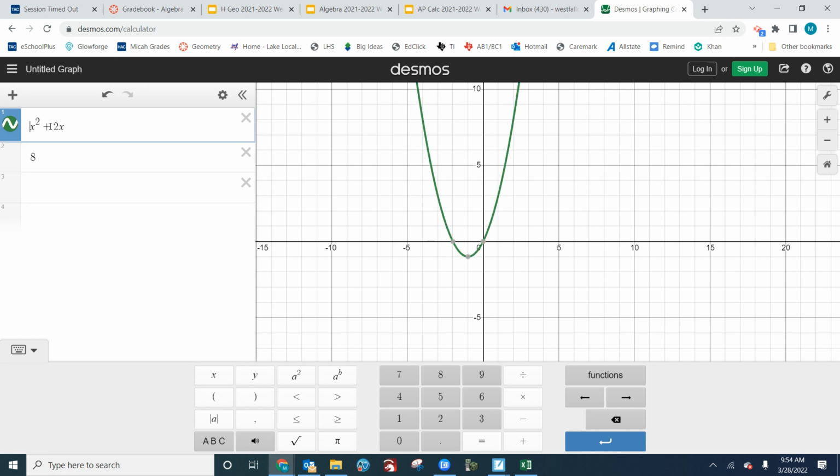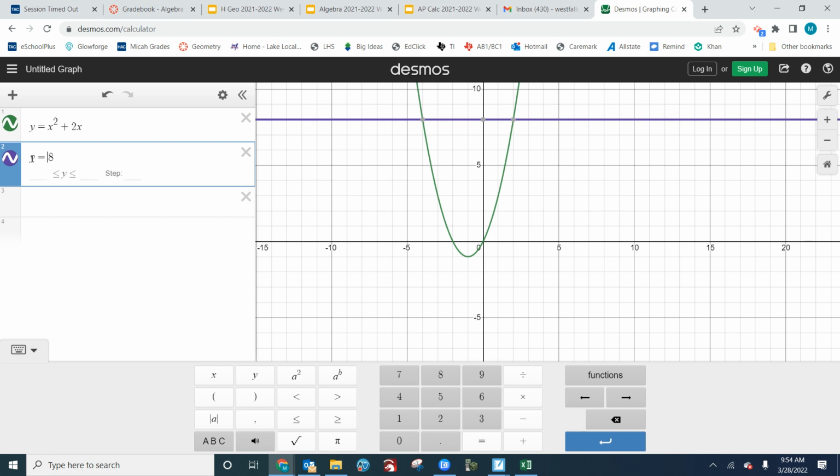You have to do on the second one. You have to do y equals the top one. You wouldn't have to. That's what's weird.